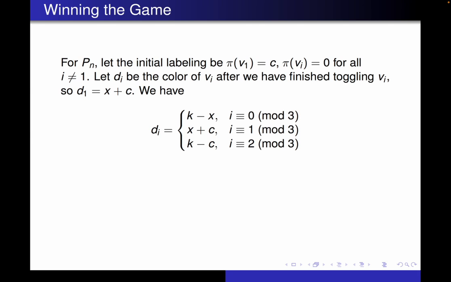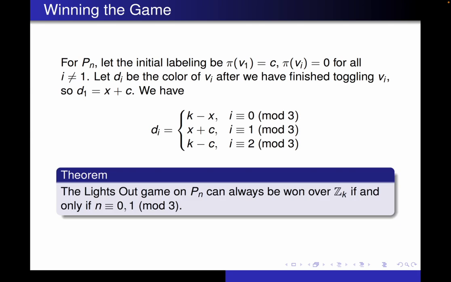Now that last one, that k minus c, is a little bit tricky, because notice that x is not in that formula, which means that no matter how many times we hit x at the beginning, we're always going to end up with k minus c. And if k minus c happens to be non-zero, then we're doomed. It means we can't win the game. So that says that if we're at 0 mod 3 or 1 mod 3, we can tweak x so that we can win the game, but if we're at 2 mod 3, we can't.